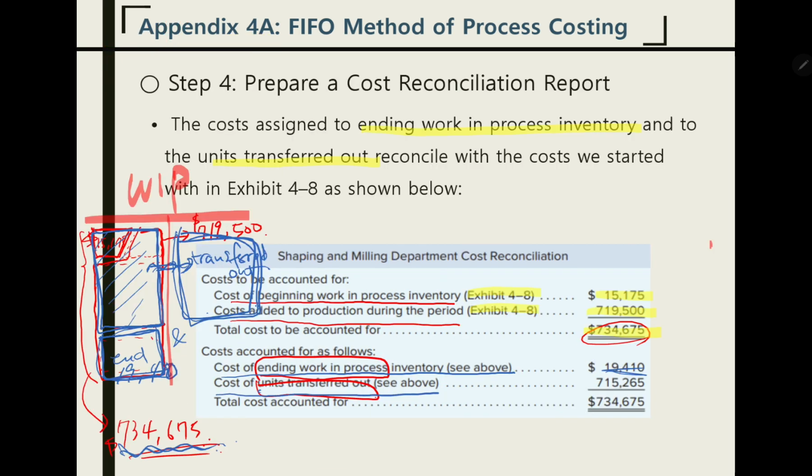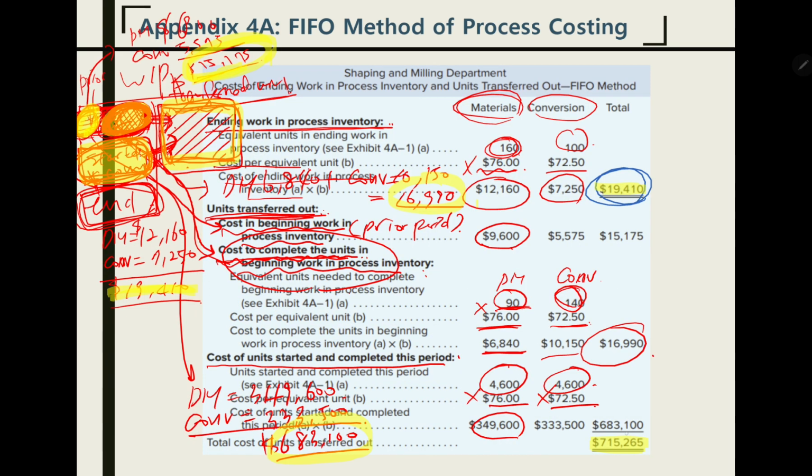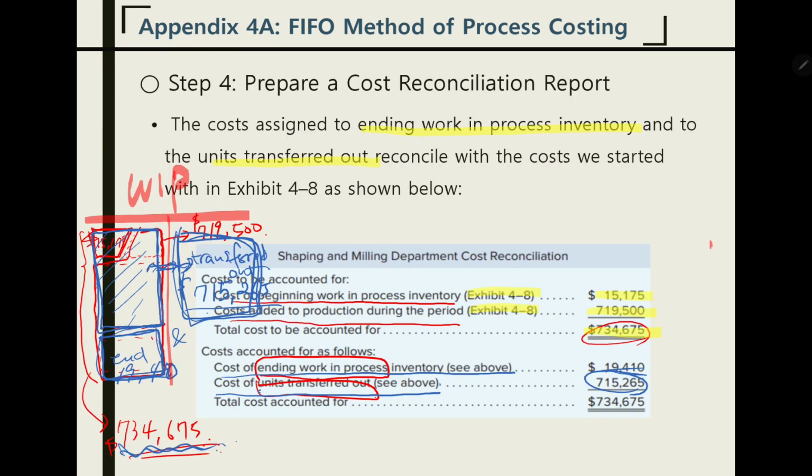And then cost of units transferred out, 715,265. Then the sum of these is 734,675, which is equal to 734,675.